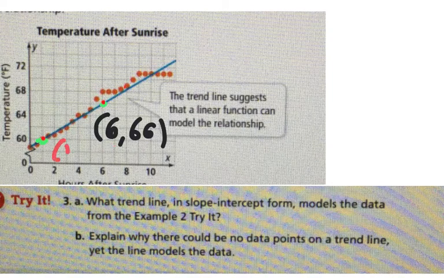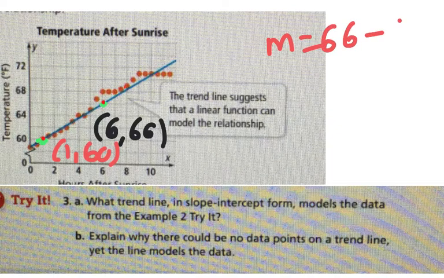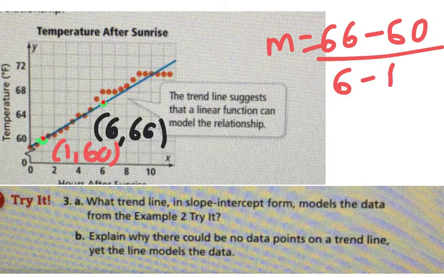So, we've got 2 points. I picked the points (1, 60) and (6, 66). Now, you could have picked (11, 72). That'd have been fine as well. But to me, those are the 3 best points to pick. So I would do y2 minus y1 over x2 minus x1.